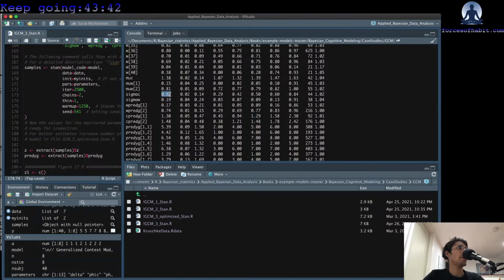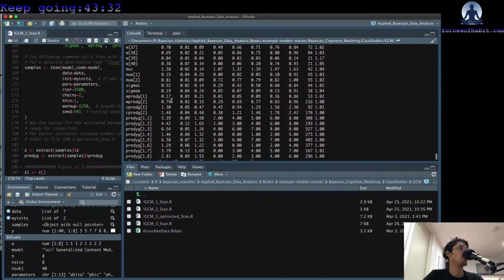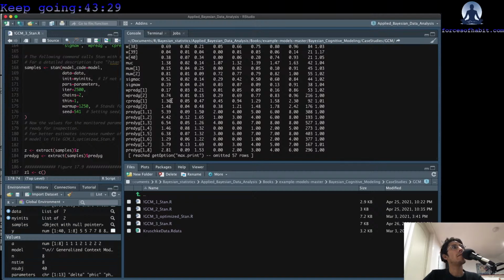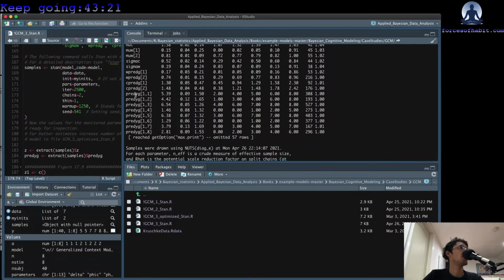And then here's the variance surrounding each of the two groups; this is the variance for generalization, and this is the variance in weight. Cool. And then we have the predicted groupings, predicted generalizations, and then we have just predictions for each subject.